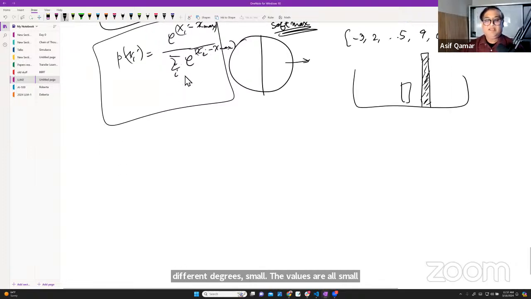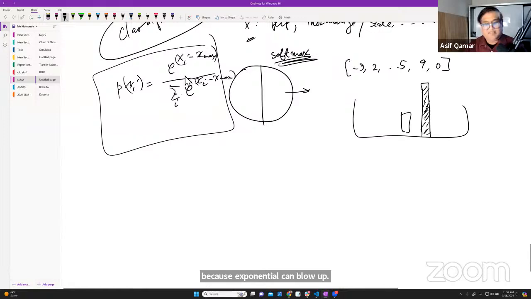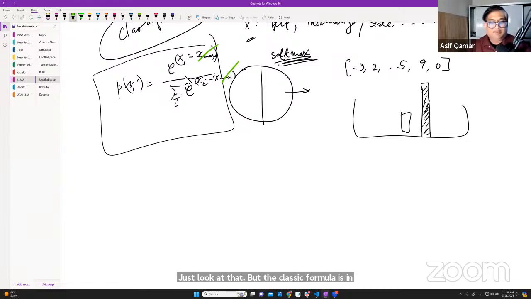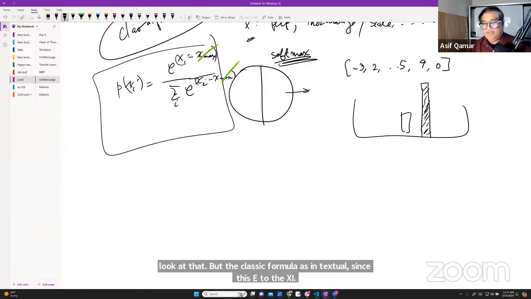You can easily have infinities. That's a computation detail, but for now, let's not pay attention to it. The classic formula as in textbooks is just e to the xi over the summation of e to the xi's. All right, guys, so that is that.